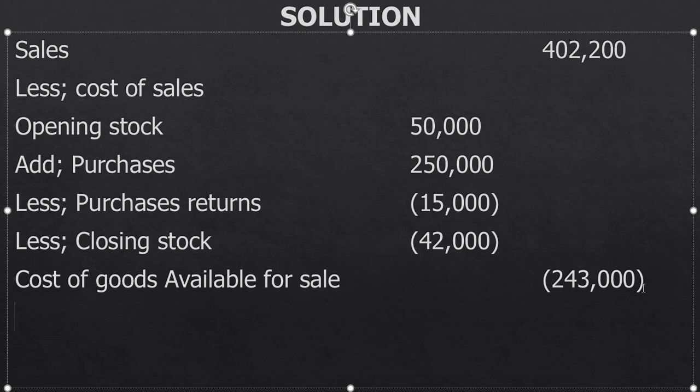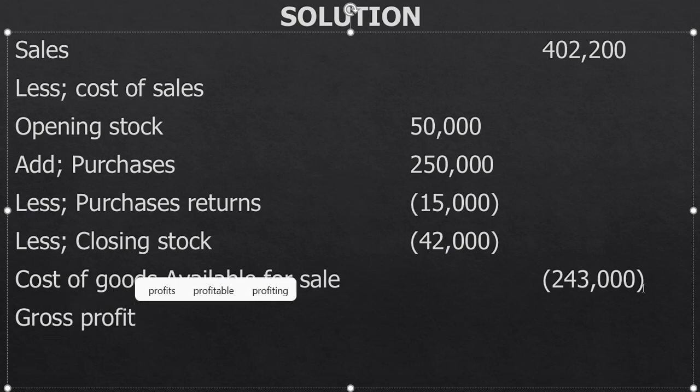When we deduct that figure, we get the gross profit. 402,200 minus 243 thousand, on my calculator I'm getting 159,200. Work it out on that side, and then we see if we can harmonize. So that is the gross profit.